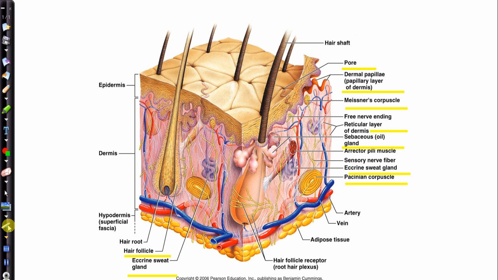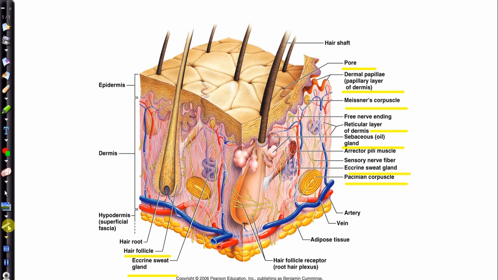They are genetically unique. You're the only one who has that particular pattern of lines and shapes and islands and whorls and grooves and little pieces to your fingerprints. So they are unique, and therefore they are used forensically for identification of bodies and crime scenes to identify suspects. So that's related to the papillary layer of the dermis.